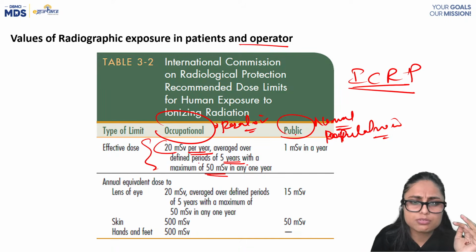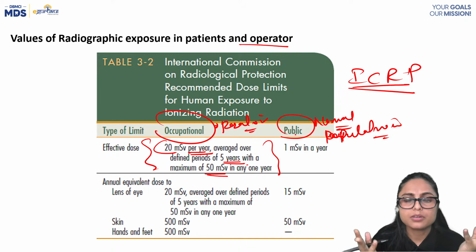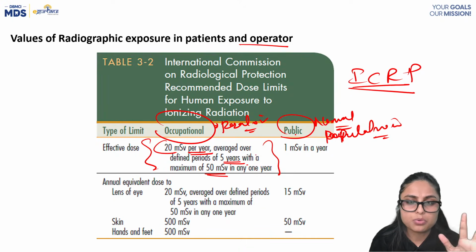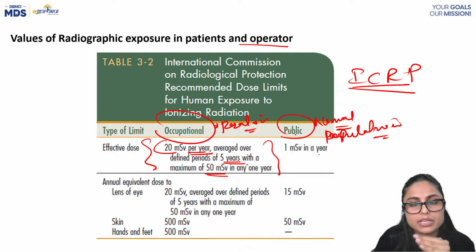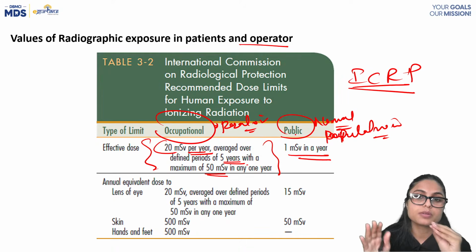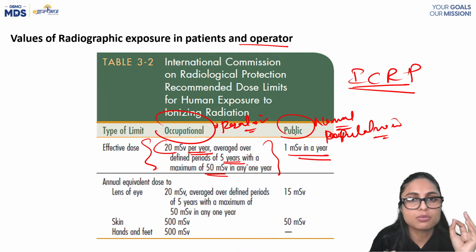You just need to remember this. For the normal population, 1 millisievert in a year should be the effective dose.